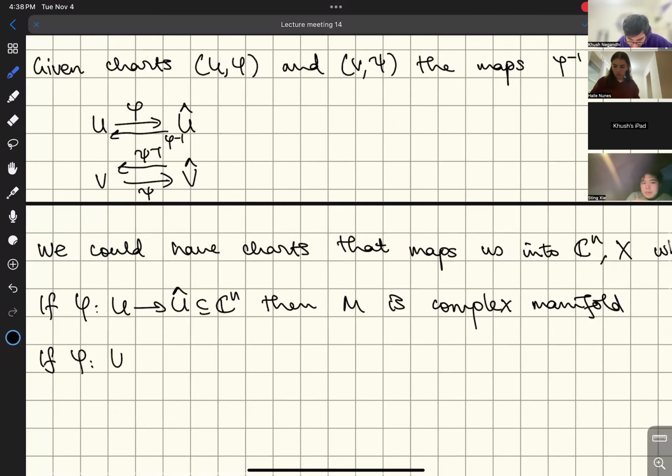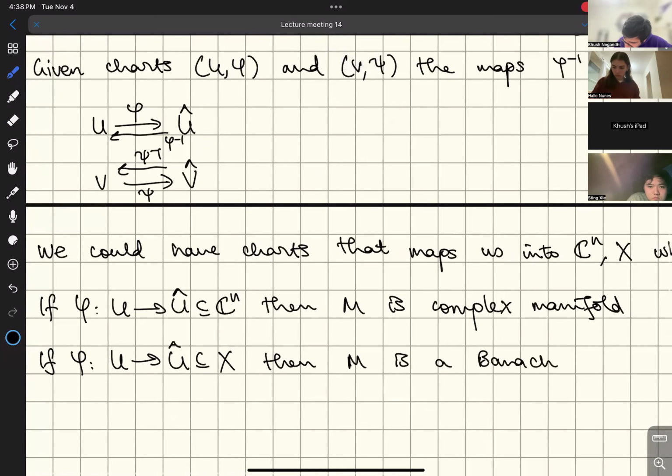If phi maps you into some Banach space X, then M is a Banach manifold.